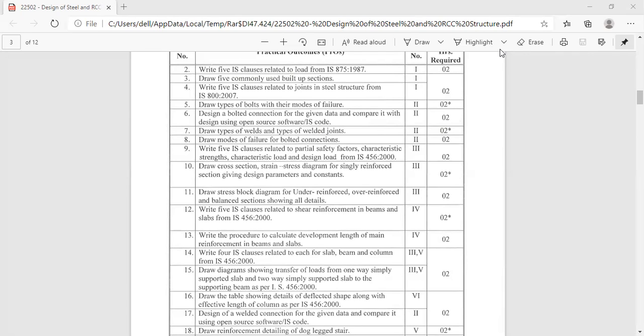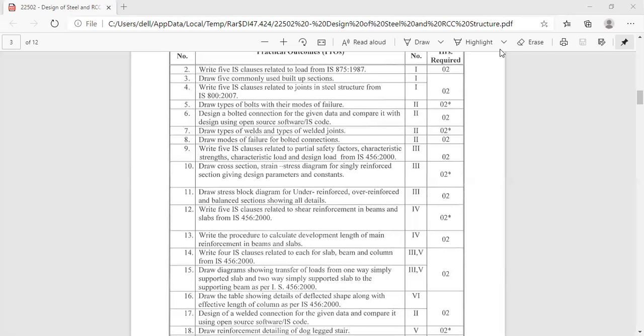This practical will help us identify the type of bolt, understand the failure modes of bolts, and learn how we can avoid failure of a bolt in a structure. To understand this, we have to go through this practical.